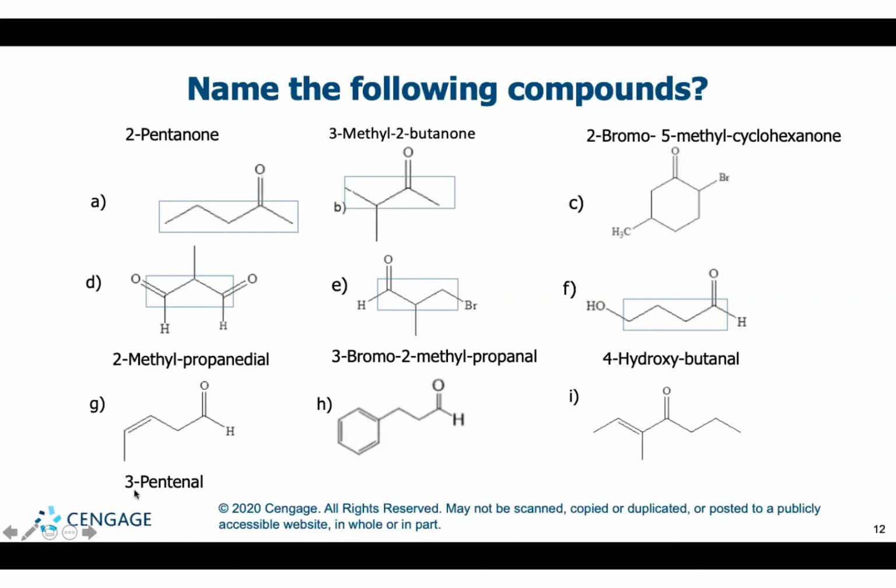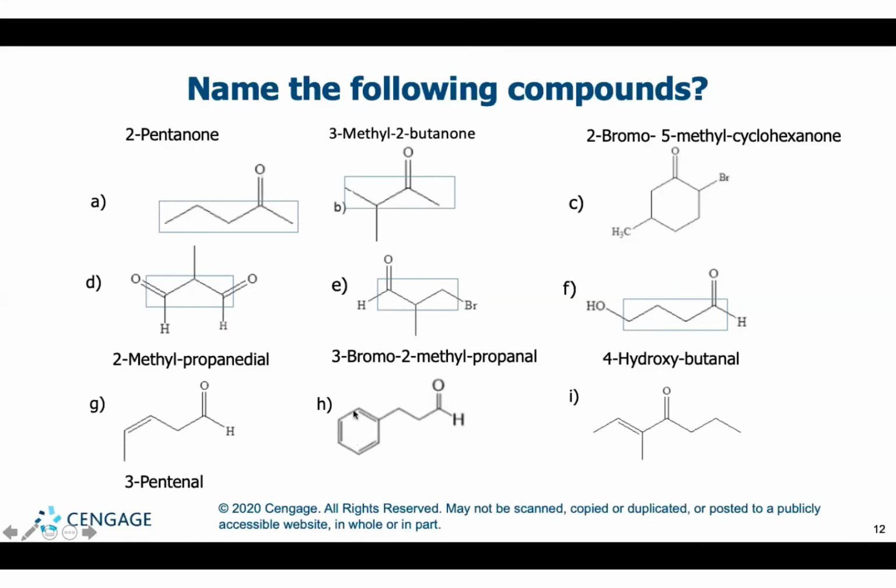I should emphasize it: 3-pentenal. As I said, you do not need to emphasize the carbon of the carbonyl on aldehyde because we always start with number 1 on aldehyde carbons.